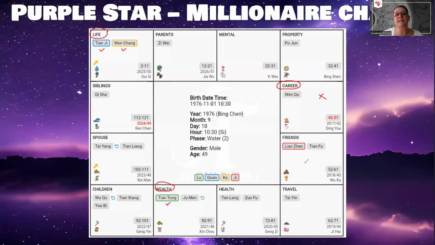And the good thing is that they have a lot of people in their life who help lift them up. We call them noble people in Chinese astrology. So there will always be someone who helps them, maybe a VIP who gets them just the right connection. So this is a really, really lovely chart.